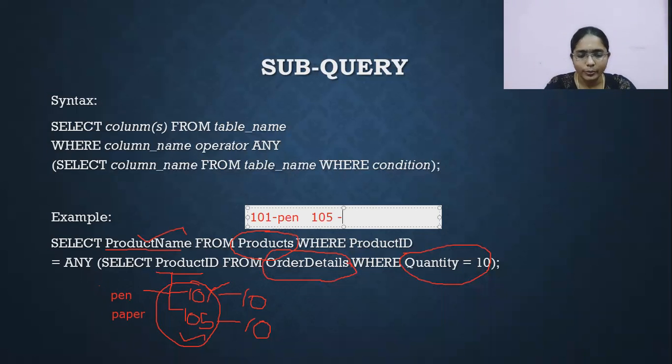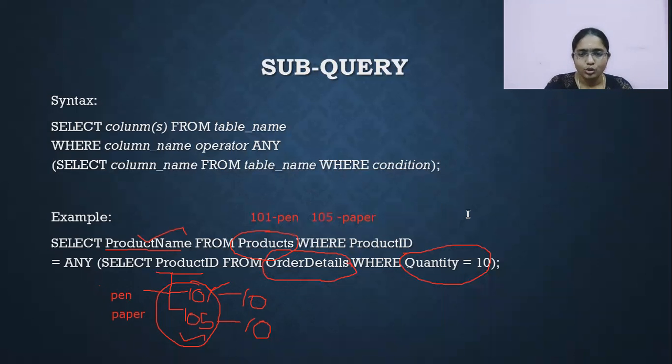There are many products. So what I'll check is: select product name from product where product ID = any of the product IDs. Among the fetched data, if any one is matching, I'll be displaying those elements.